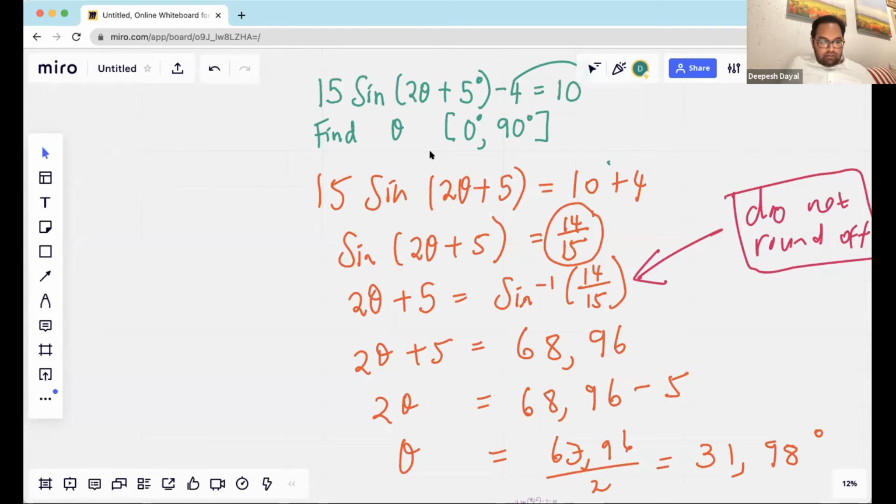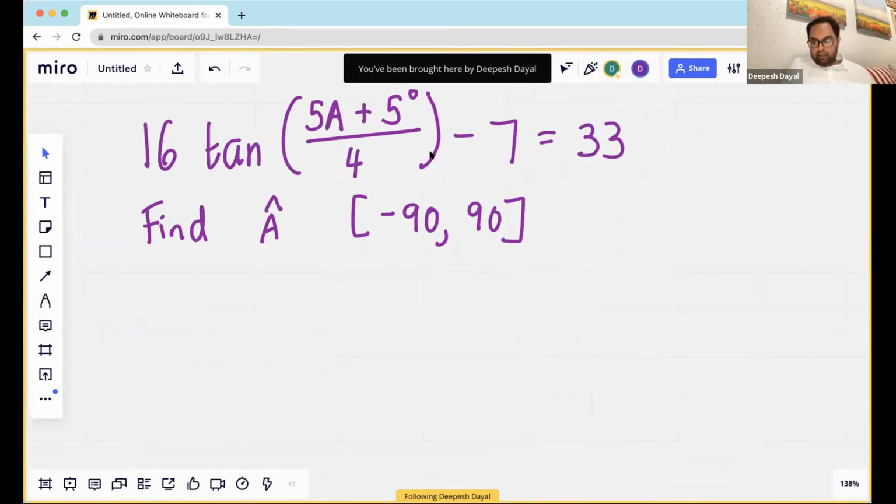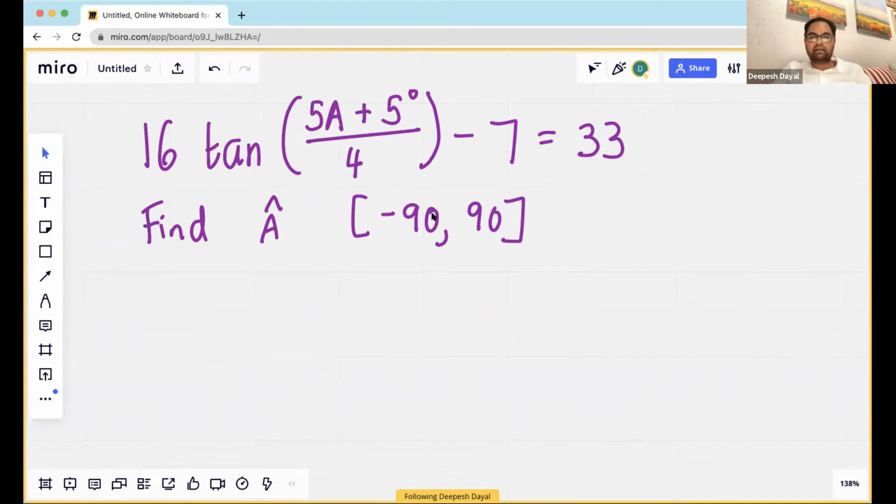So I'm going to share it with you. Sorry, I see that it's not projected nicely on the screen. There we go. Let's try this one here. 16 sine 5A plus 5 over 4 minus 7 equals 33. Find A between minus 90 and 90.